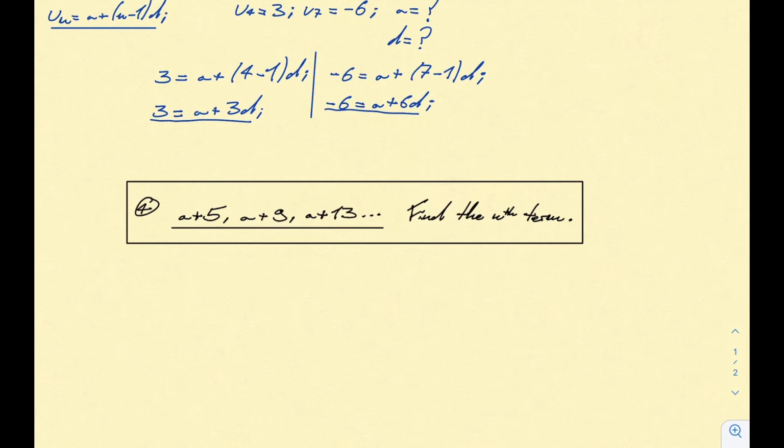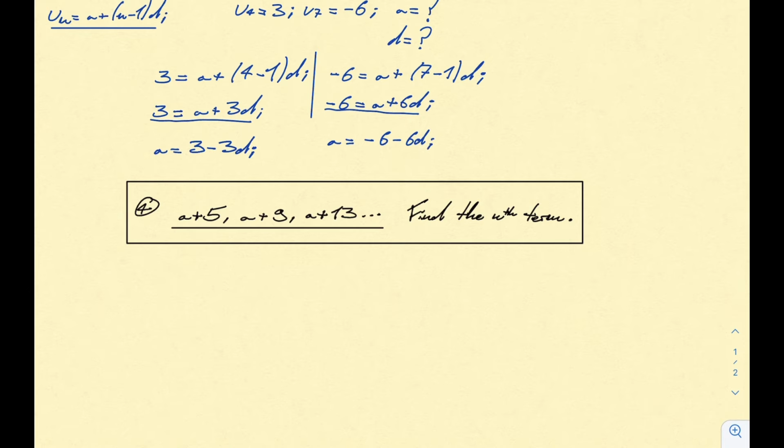Now, from here, we can isolate a. So a will be equal to 3 minus 3d. This is just some basic rearranging. And from the second equation, we can get that a equals minus 6 minus 6d.